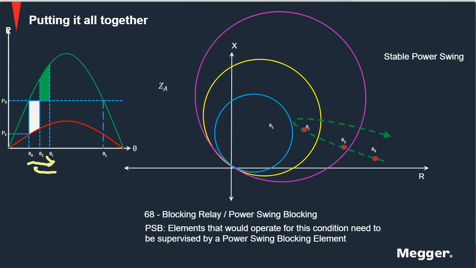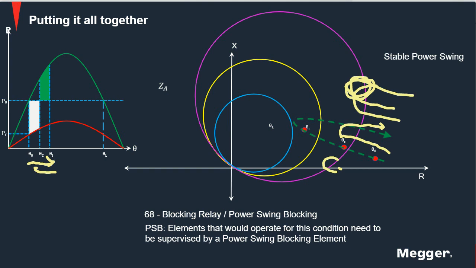So the angle is going to move there, but then it's going to come back and get out of the characteristic. It could do it like this, it could do it like that, it could do it in many different ways. It could do one loop, it could do several loops until it gets out. But the point is, it's going to go in and it's going to get out.